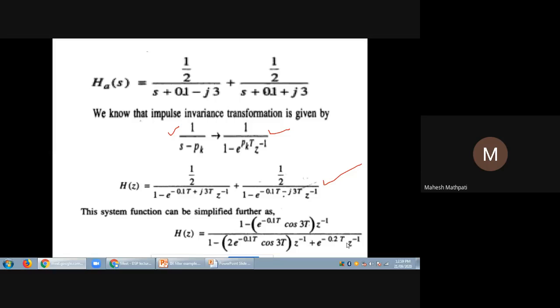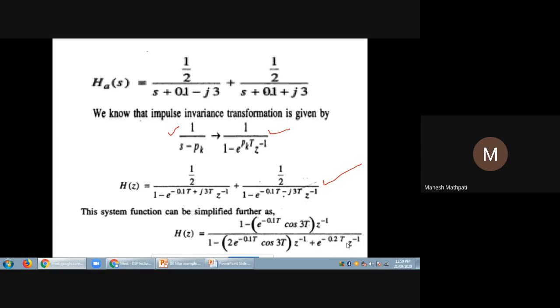Understood? Yes, sir. Now, I have given you three different formulas or three different transformations. तीन different transformation मैंने दिया है आपको. Can you check those list? हाँ सर.